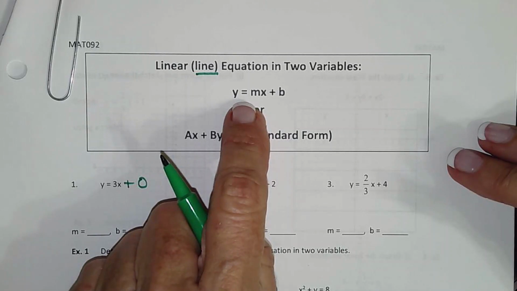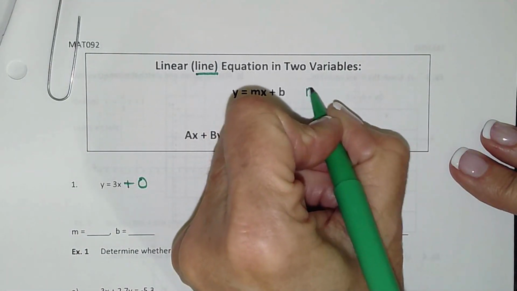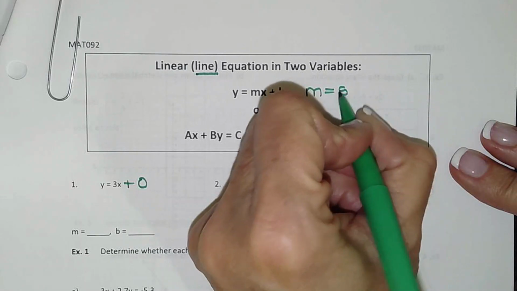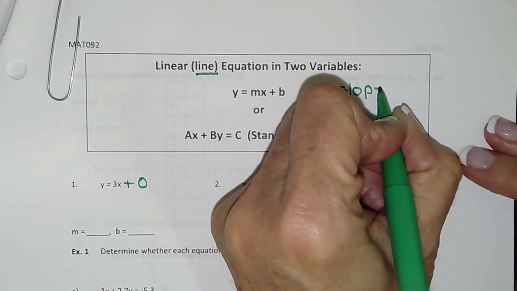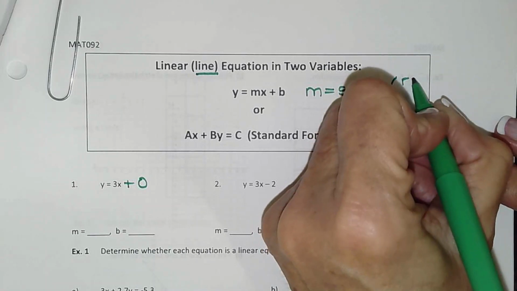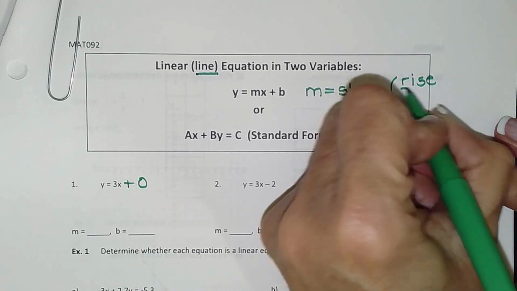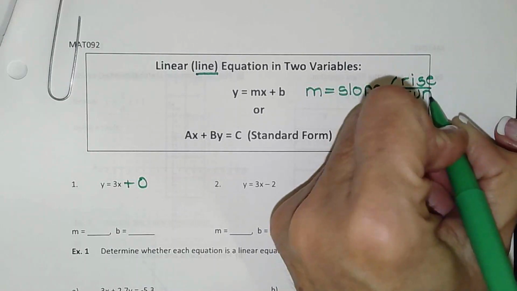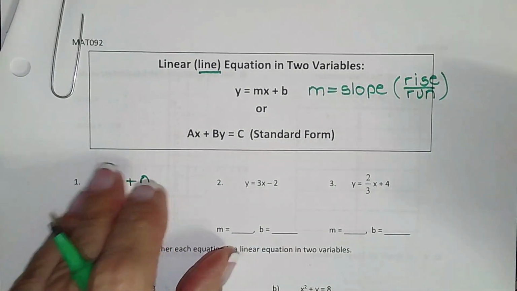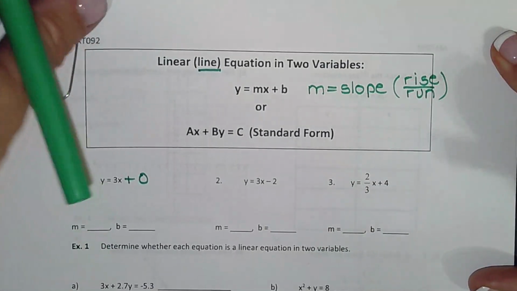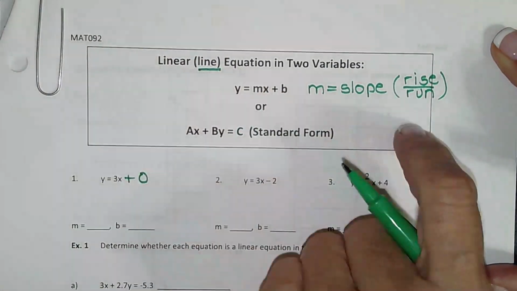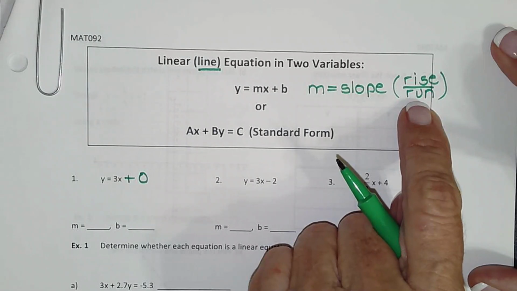So m, we're going to learn, is called the slope. And we refer to that as the rise over run. We'll see in one of the next lessons that slope is just rise over run.